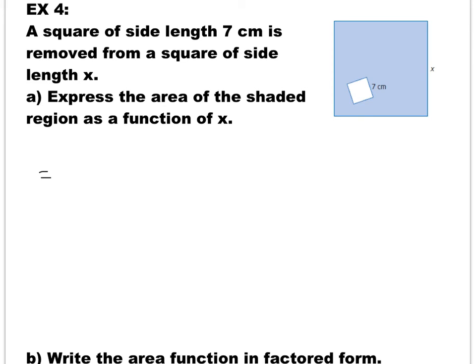I know that the area of the shaded region before I cut it out is x squared, x times x. Remember, this side is also x, and this side is 7. Now, when I cut it out, the area of the shaded region becomes x squared minus 7 squared, which is 49. So that's part 1. That's the area of the shaded region.